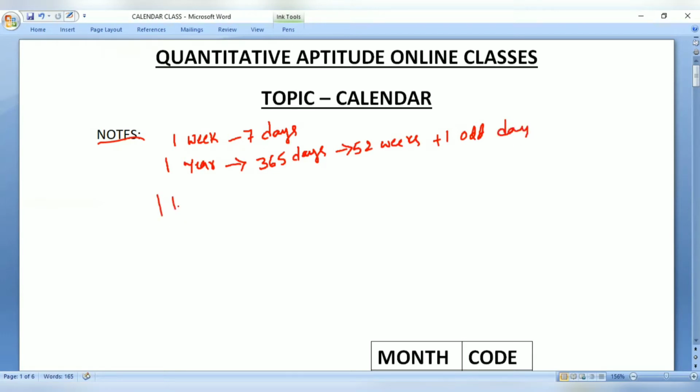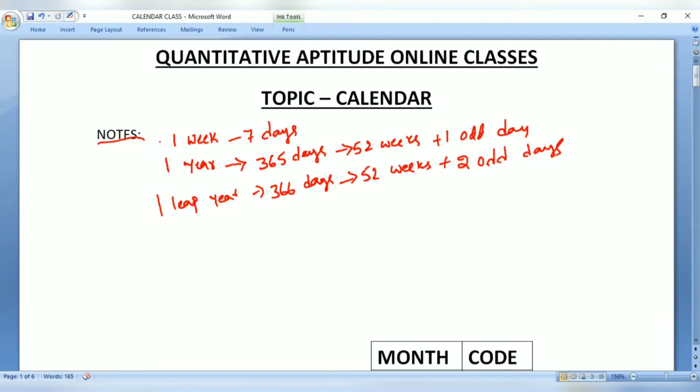Similarly, if I consider a leap year, we will be having 366 days. If you convert them into weeks, again it will be 52 weeks, but additionally there will be one more odd day. So it becomes two odd days that are available with us.